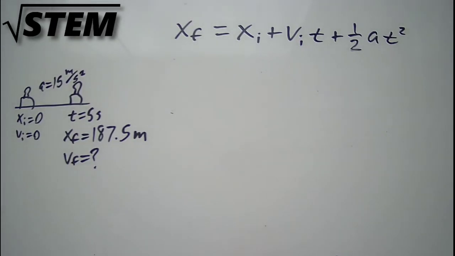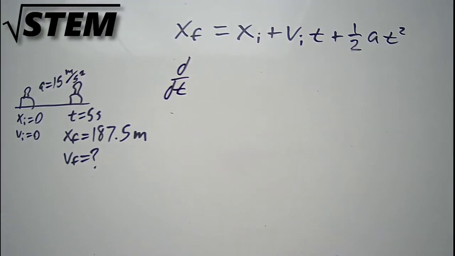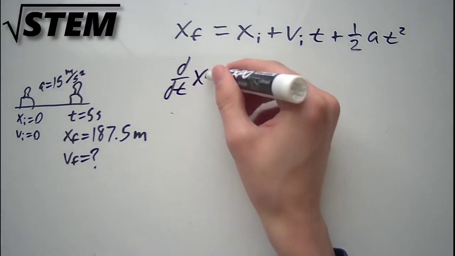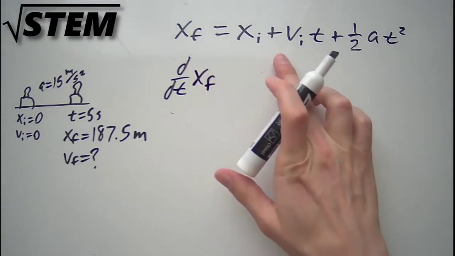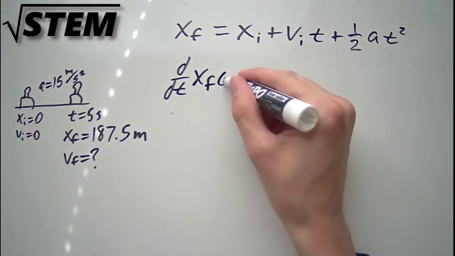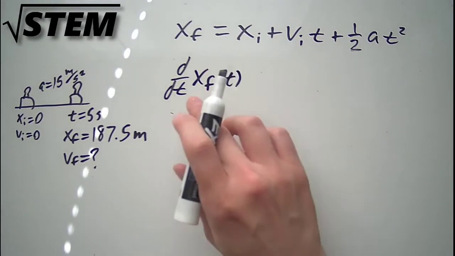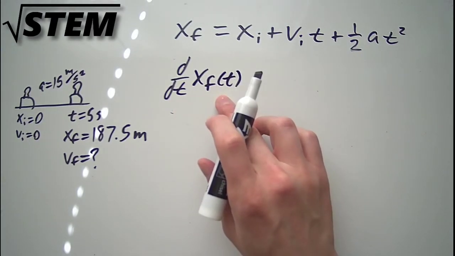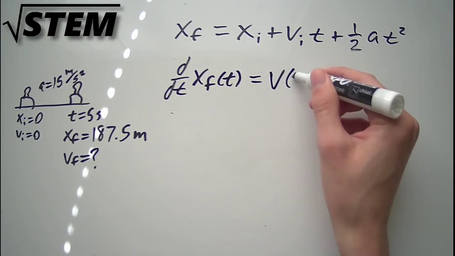So, if we take the derivative with respect to time of this x final, now notice that this is actually a function with respect to t. So we can take the derivative of this function, and the derivative of the function position is actually defined to be the velocity.